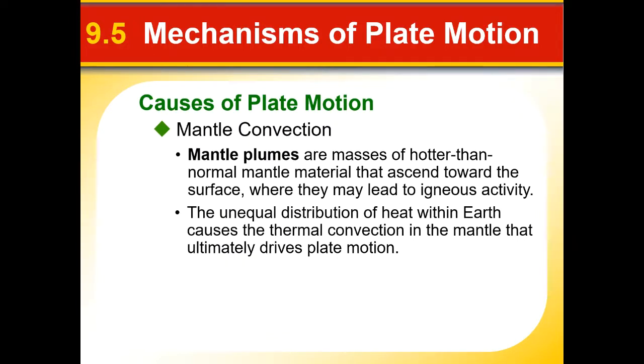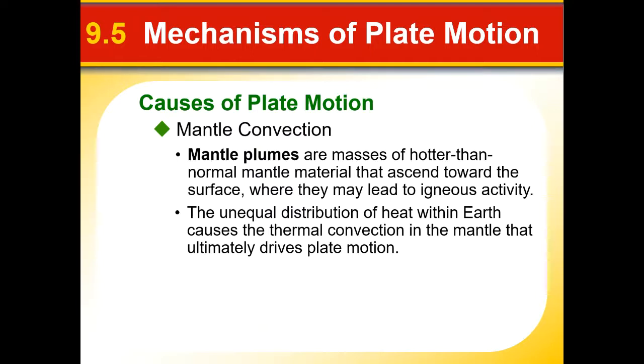Then you have another product of mantle convection, the mantle plumes, which are masses of hotter than normal mantle material. These are related to hotspots.